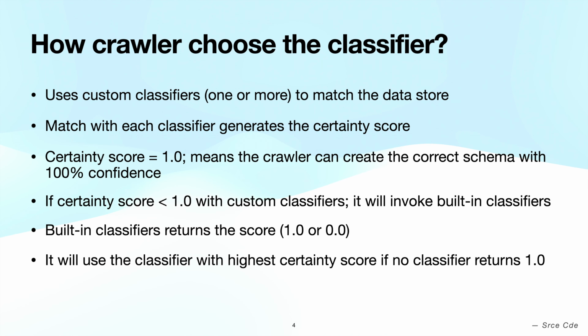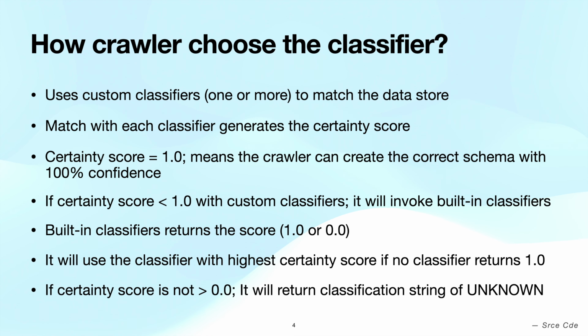In that case, AWS Glue will use the classifier that has the highest certainty score. And if none of the classifiers returns a certainty score greater than 0.0, then AWS Glue will return the default classification string of unknown. So I hope that now you have a clear idea about how the classifier is selected for data catalog. Now let's have a look at the types of classifiers.